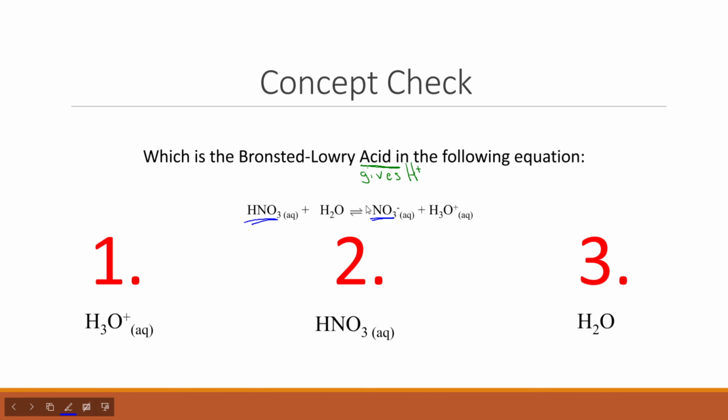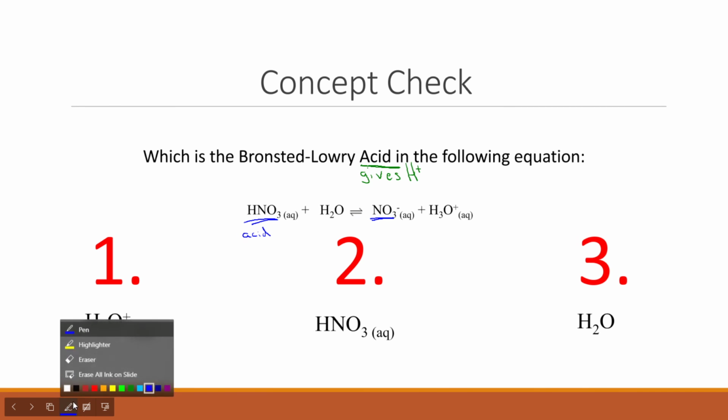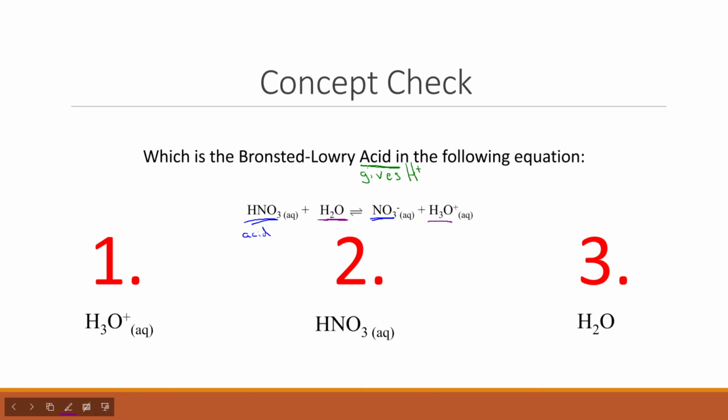It's missing an H+. So I would say that this is the acid. It has lost an H+. It gave it to something else. Just for consistency's sake, if I look at the H2O, on the other side it has become H3O+, which means it gained the H+, which would make this the base.